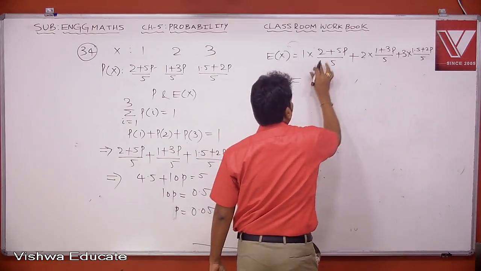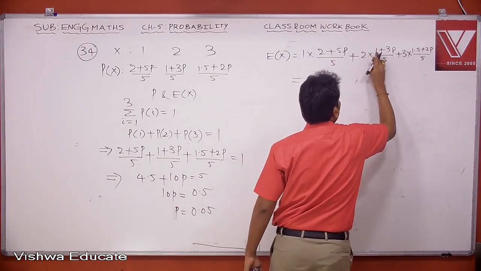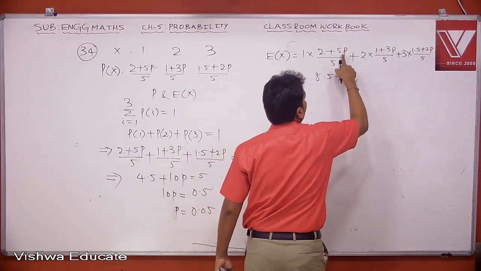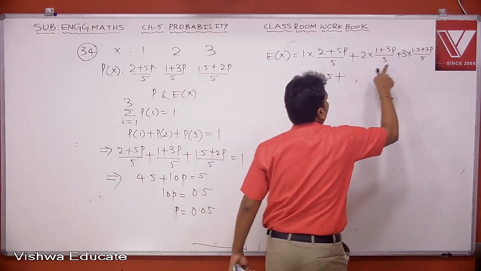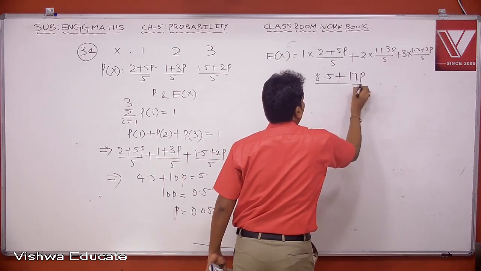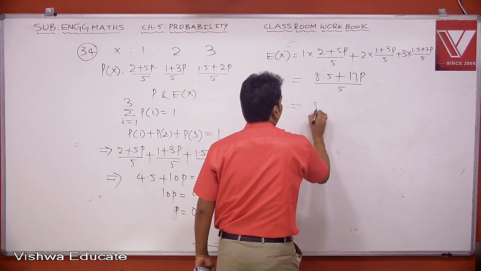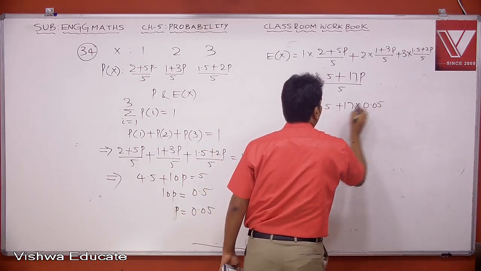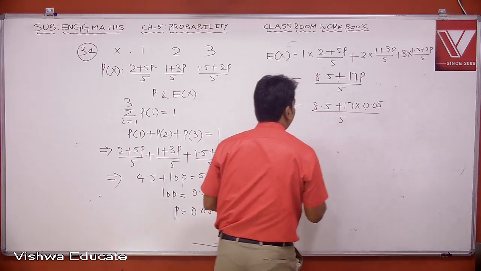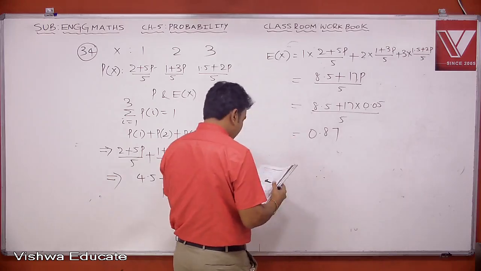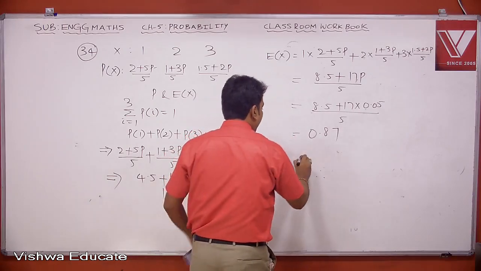So therefore this is 2 plus 2 plus 4.5, that is 8.5, and 5p plus 6p plus 6p, 17p divided by 5. So this is 8.5 plus 17 into 0.05 divided by 5. Therefore the value of this is 1.87. So option A is the right answer.